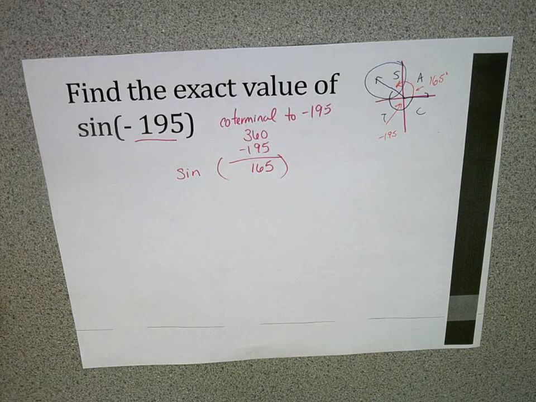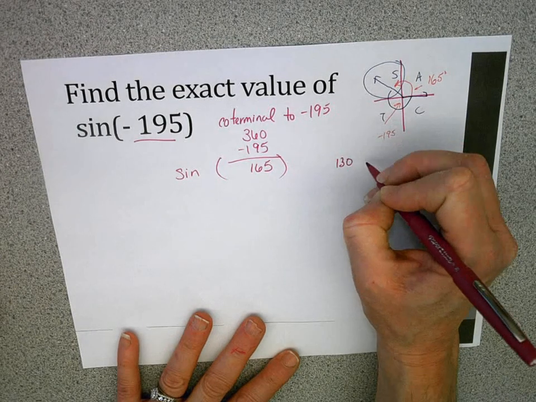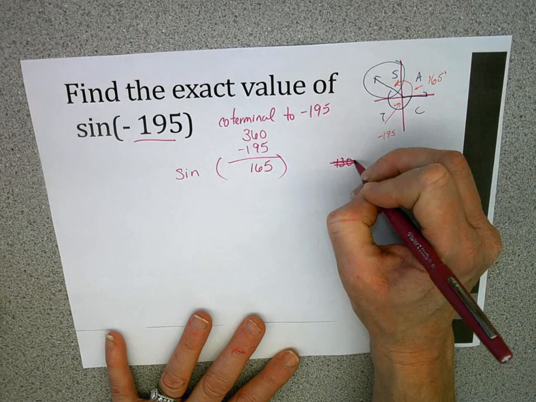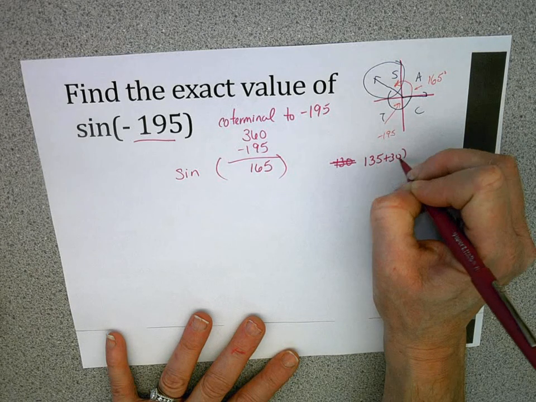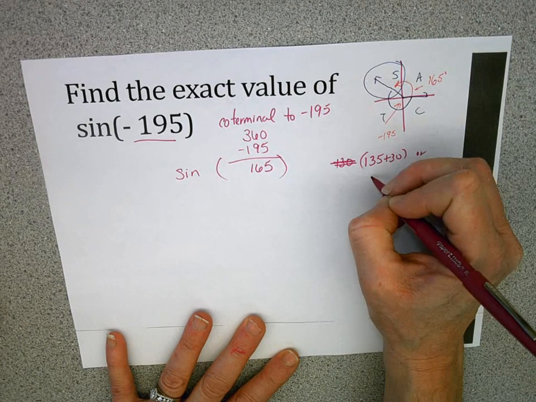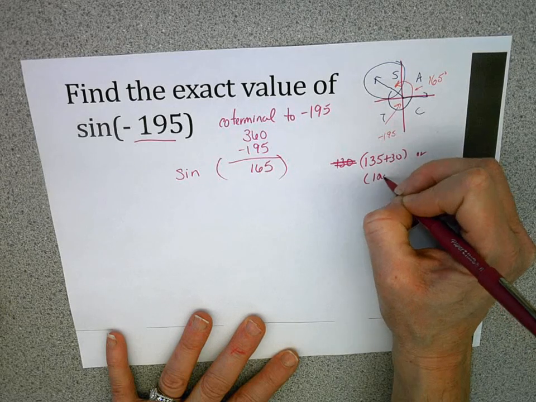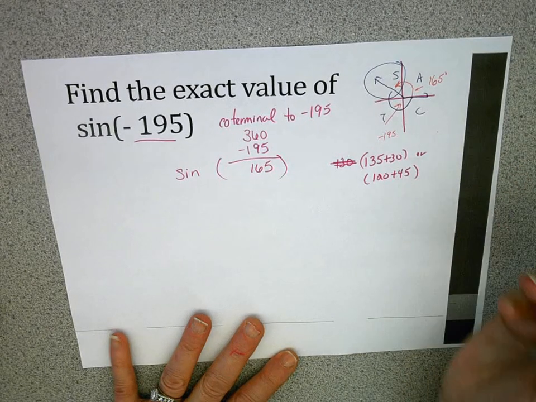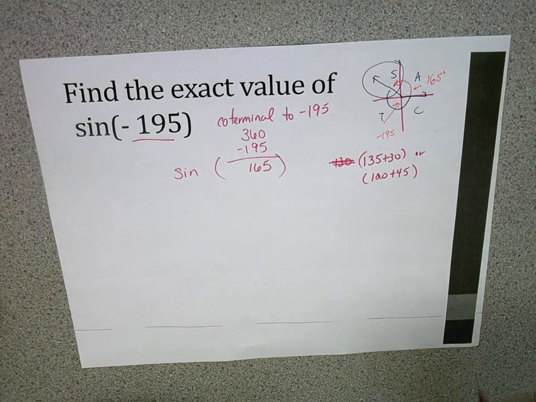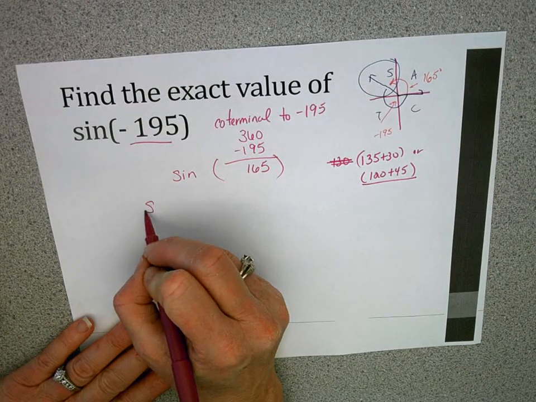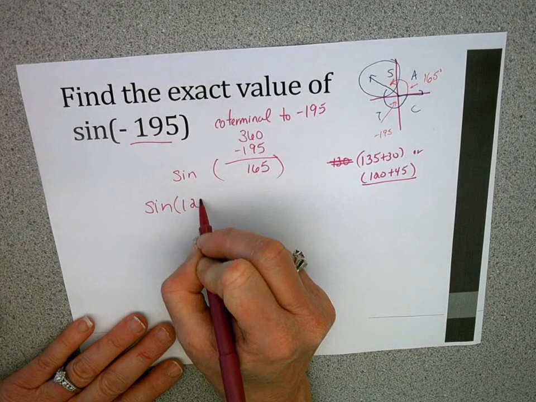Okay, so we have lots of choices. You could do 135 plus 30. You could do 120 plus 45. So these are probably the most common choices that people would pick, 135 plus 30 or maybe 120 plus 45. I don't usually do subtraction. It's just easier for me to think of addition ones, so I'm going to do sine of 120 plus 45.